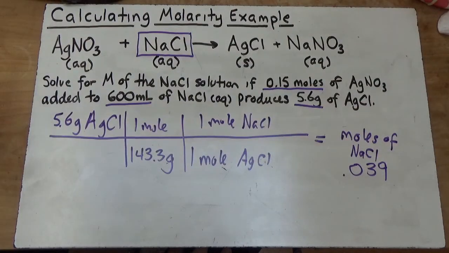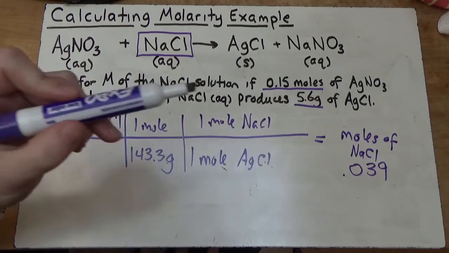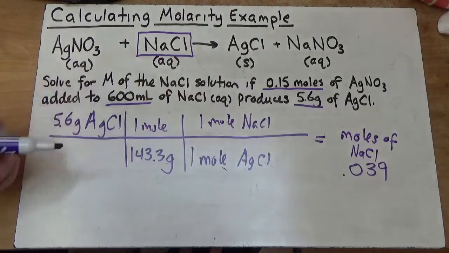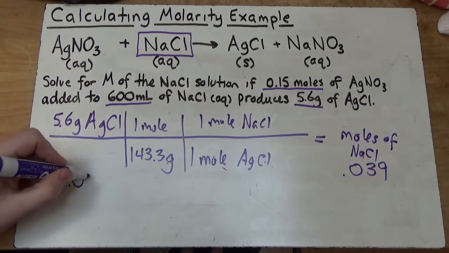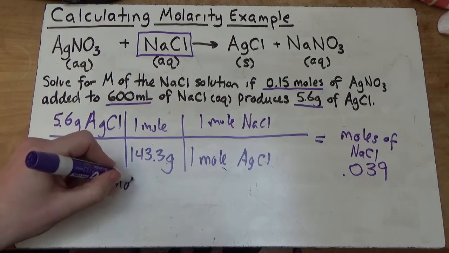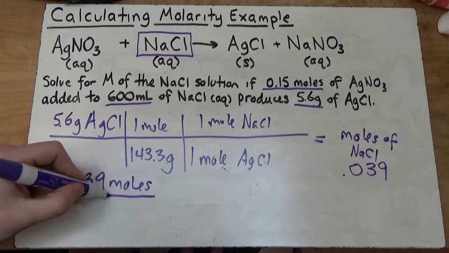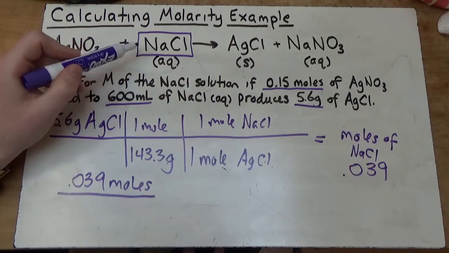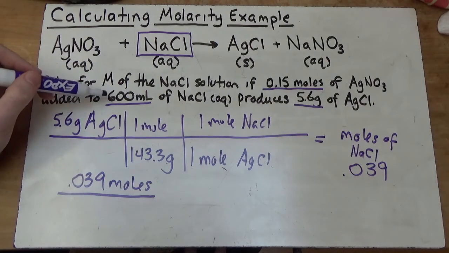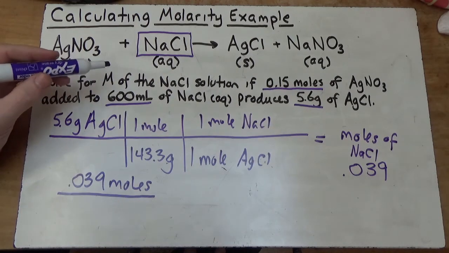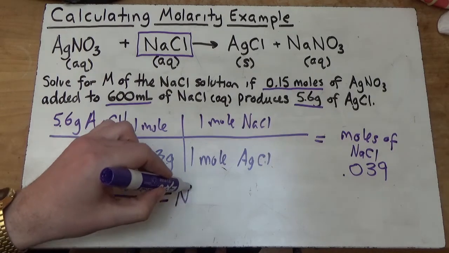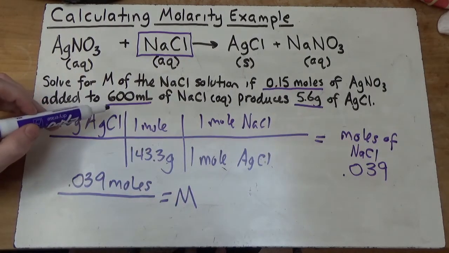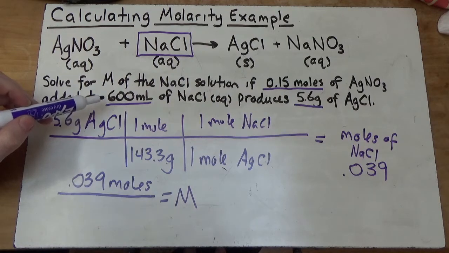This is really going to help us start to solve this problem, because now we just need to plug in. I have 0.039 moles. And that 0.039 moles was how much sodium chloride was in my 600 milliliter sample. When we're plugging this in to solve for M, molarity, we can't plug in milliliters, we have to use liters.